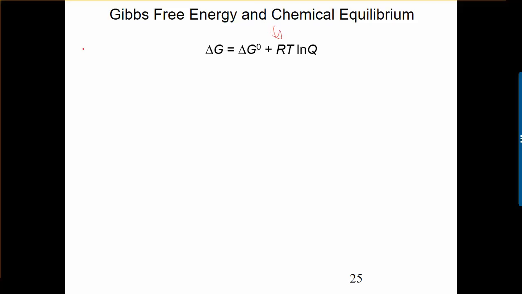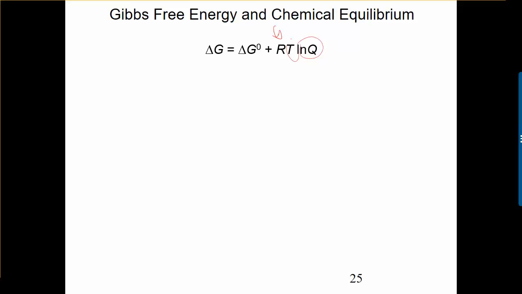Yeah, 8.314, because that's the energy R, right? We're talking about energy, so we're going to use our energy R, not our liter atmosphere per Kelvin mole R, which is the gas constant. We're going to use the 8.314 joule R here, times the temperature, times the natural log of Q.